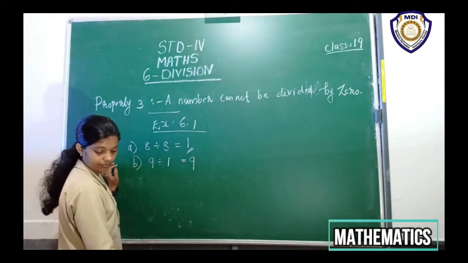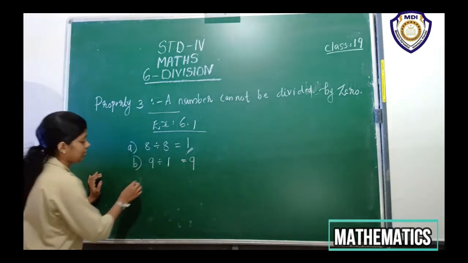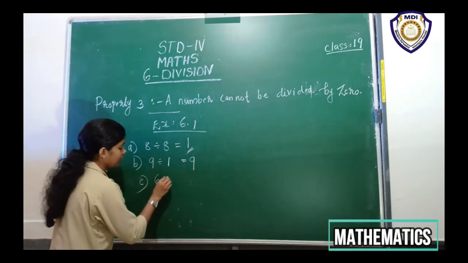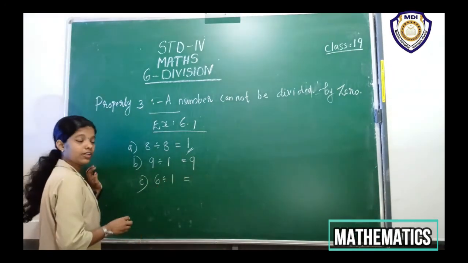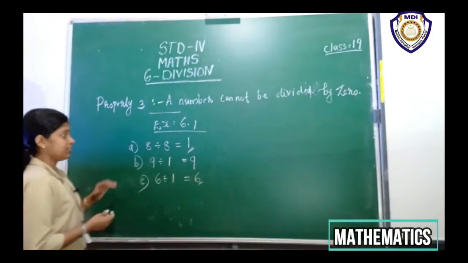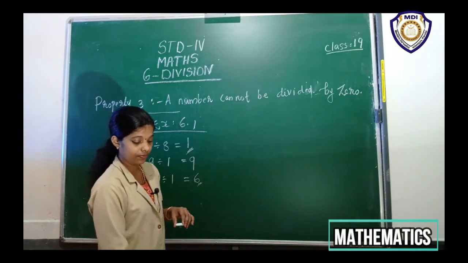And C, 6 divided by 1, we get the answer 6. Okay. Write it. Remains are your homework. Did you finish? Okay.